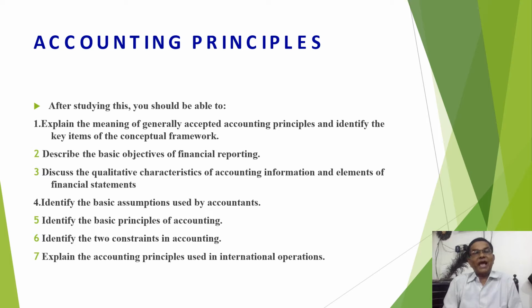We will be able to describe the basic objectives of financial reporting, why we are preparing accounting, what is the basic purpose of this whole exercise, and know the qualitative characteristics of accounting information and elements of financial statements. We will also identify the basic assumptions used by the accountant. This is very important. Without assumptions we can't move.